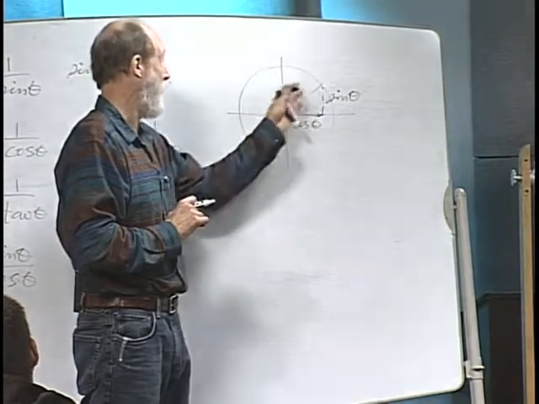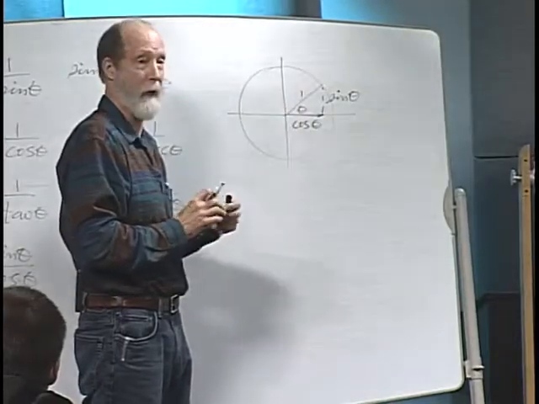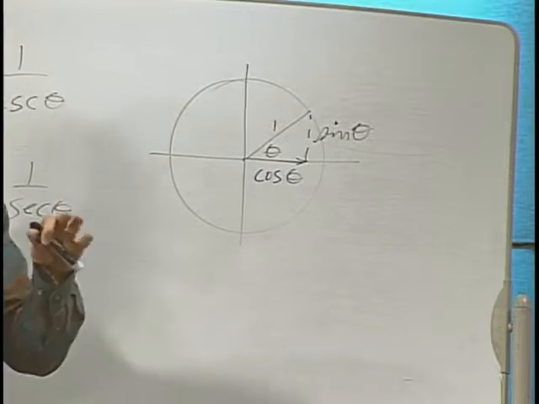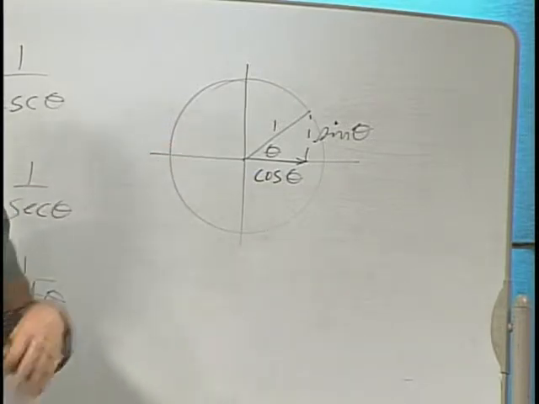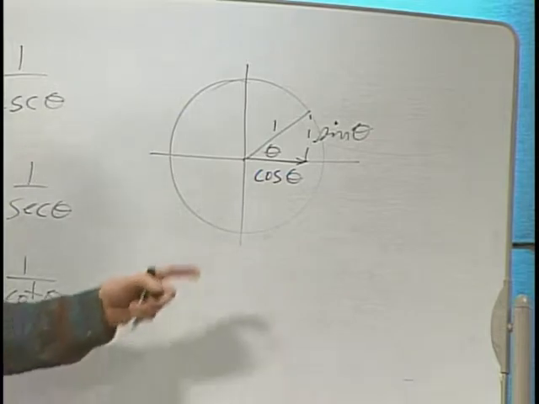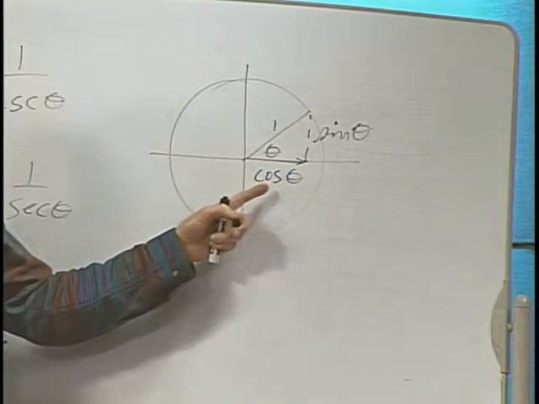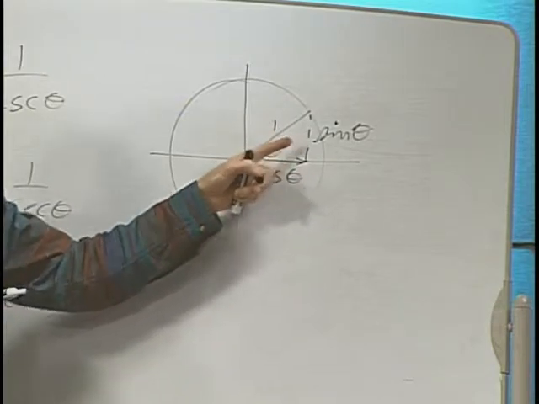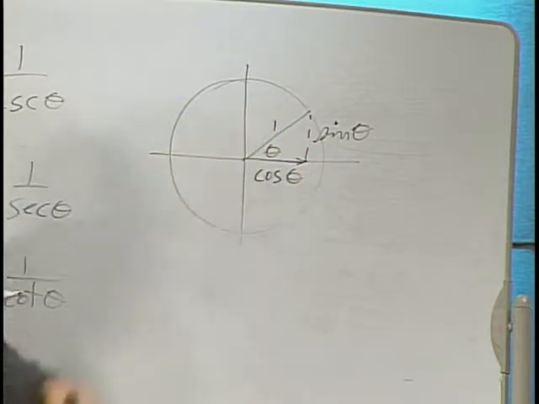Pythagoras. We love Pythagoras. You square the legs, add the squares of the legs together, and you get the hypotenuse squared.